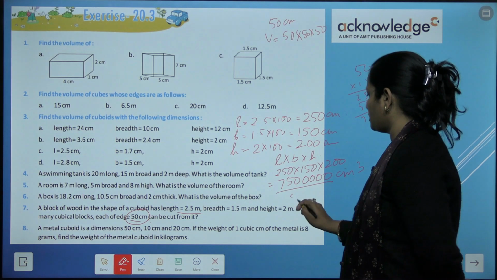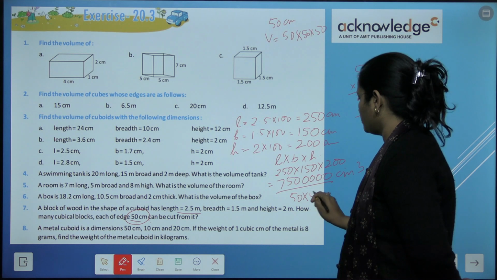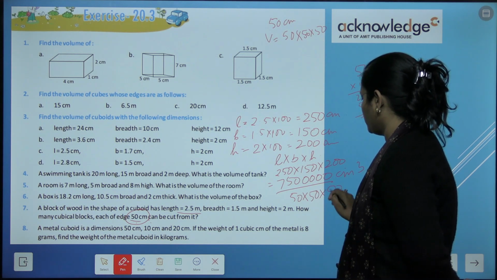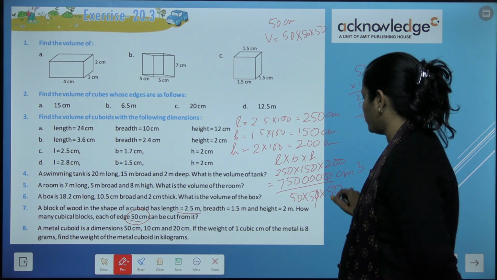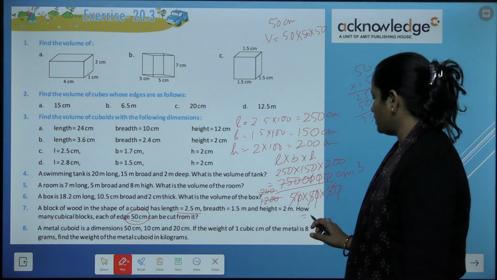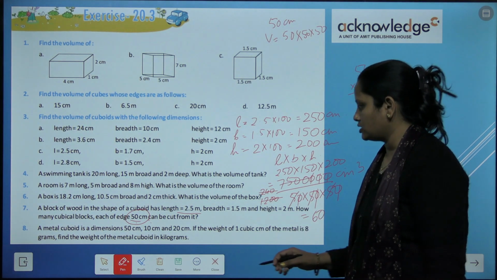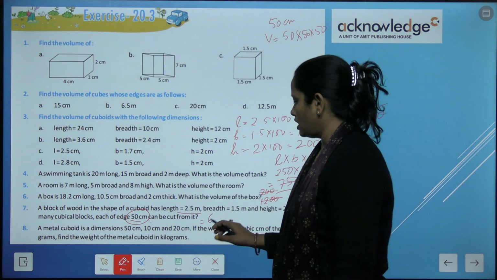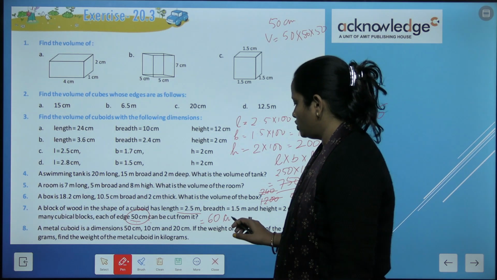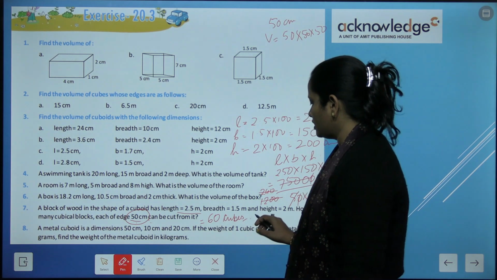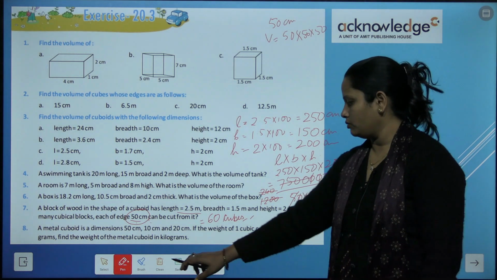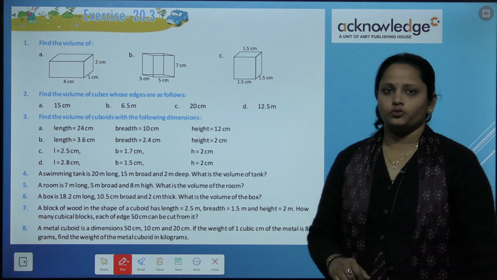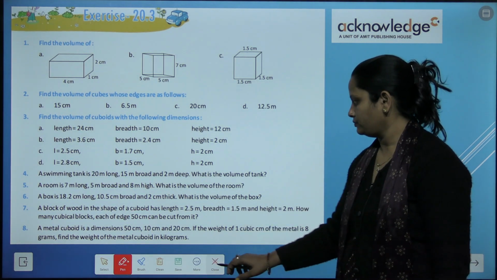So अब हम इसको solve करेंगे. So children, when we divide this, we get the answer as 60. So here the answer will be 60 cubes we can cut out from this cubical log.